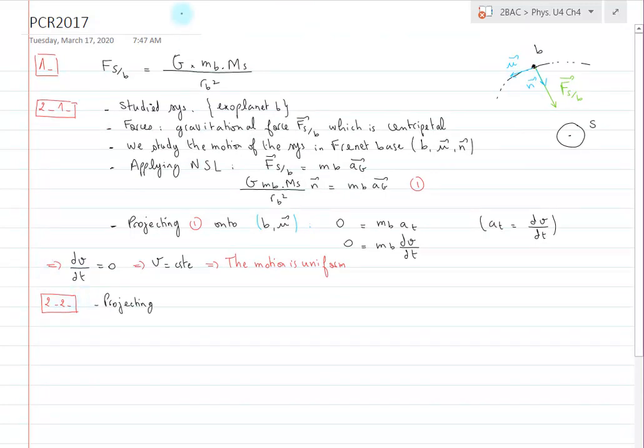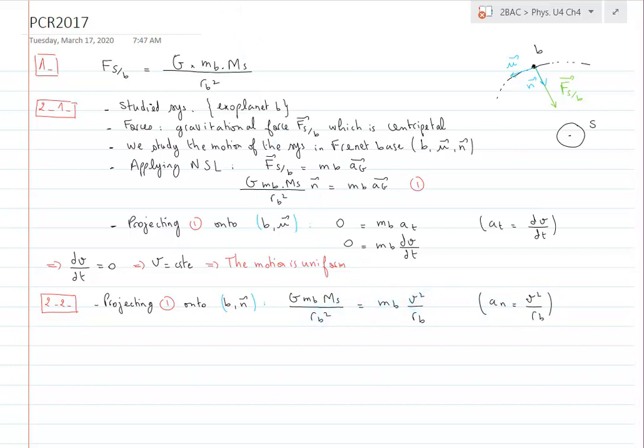So projecting equation 1 onto (B, n) gives G m_B m_S over r_B squared equal to m_B times a_n, and a_n is equal to v squared over r_B. Again, this is from the first lesson in mechanics.